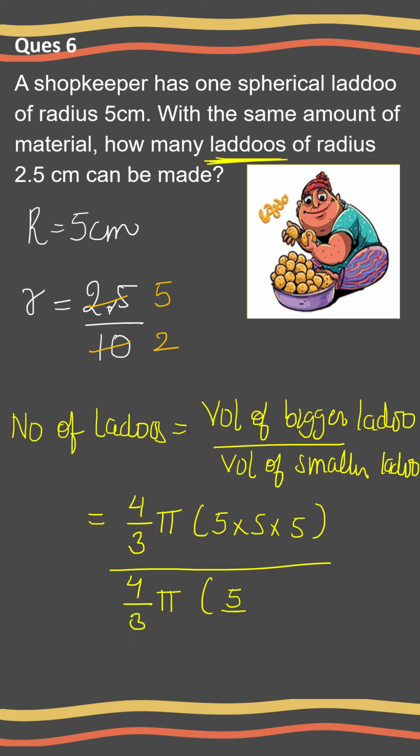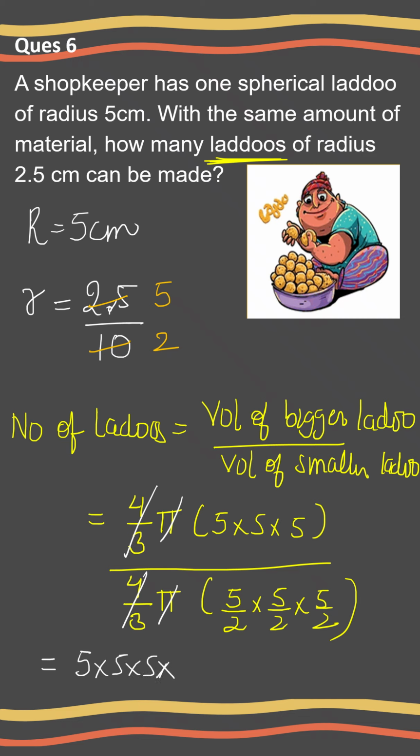This will be 5 by 2 into 5 by 2 into 5 by 2. 4 by 3 and pi is common in both the cases. 5 into 5 into 5, now find the multiplicative inverse of denominator. It will be 2 by 5 into 2 by 5 into 2 by 5.